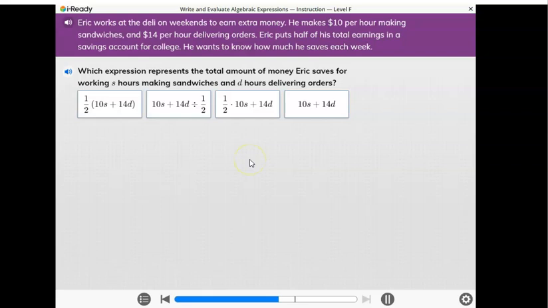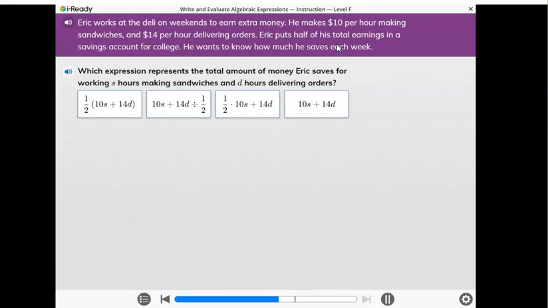Here's where we got to understand. What are we doing first? First, he's going to combine because he says total earnings. So we're going to add those. Well, we can't divide. We have to divide before adding according to PEMDAS. But here we need to add first. So when we have to add or subtract first, we need to think, oh, we got to group them.